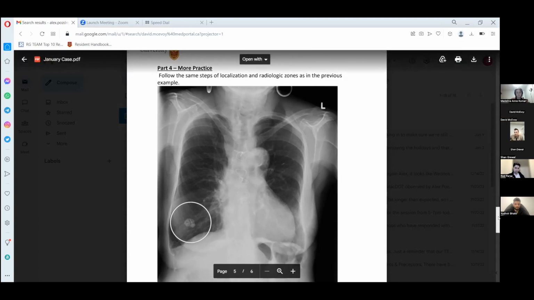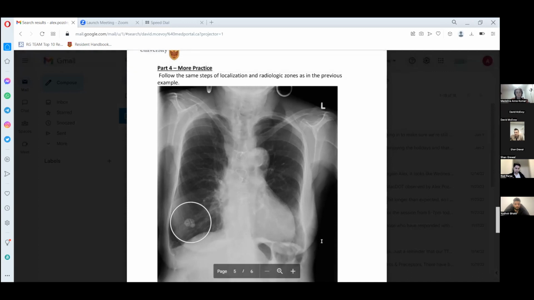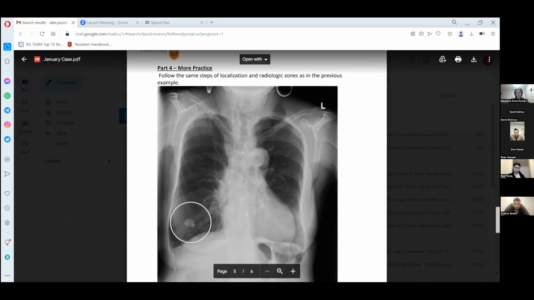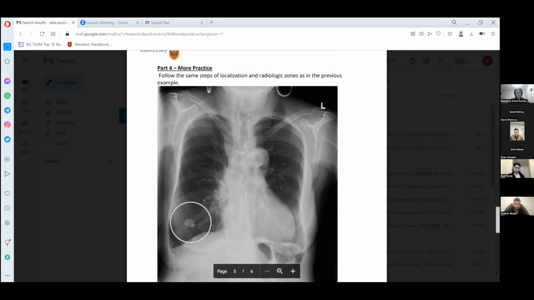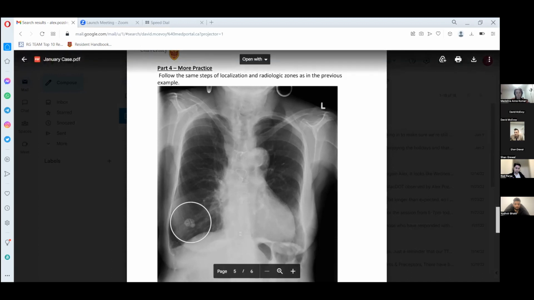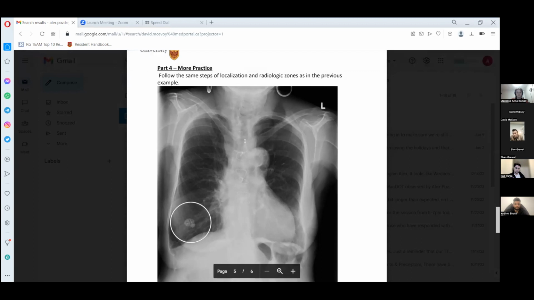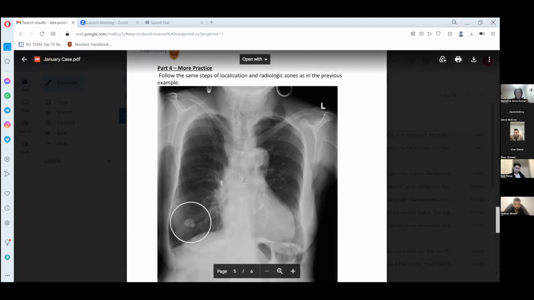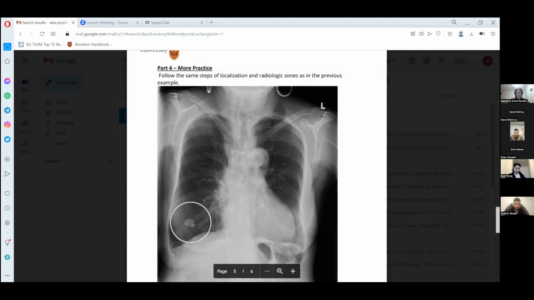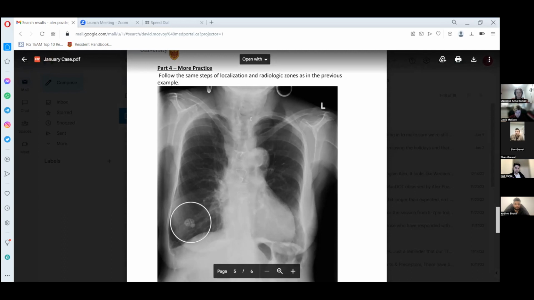We also note that this patient has a lot of other small findings. They probably had a heart surgery because they had sternotomy wires. They also have a little bit of scoliosis, as you can see. It's very mild, but I think their vertebral bodies are aligned a little bit convex, or it could also be the position.